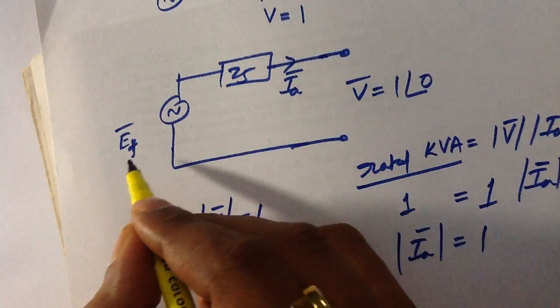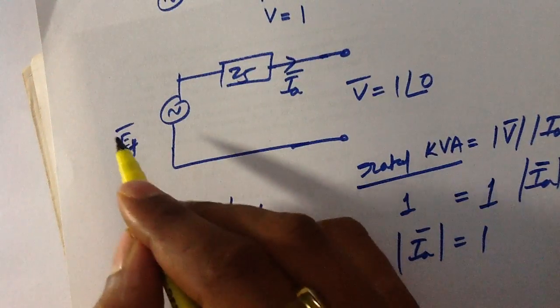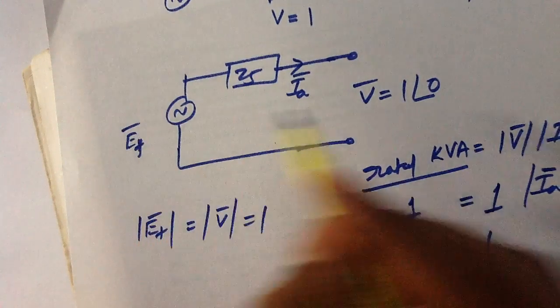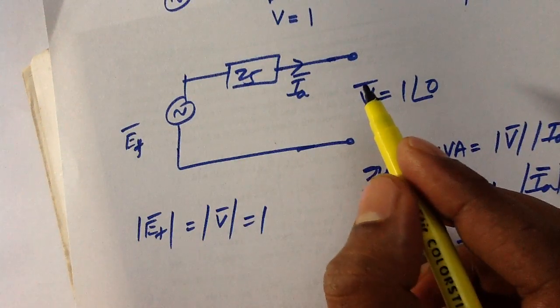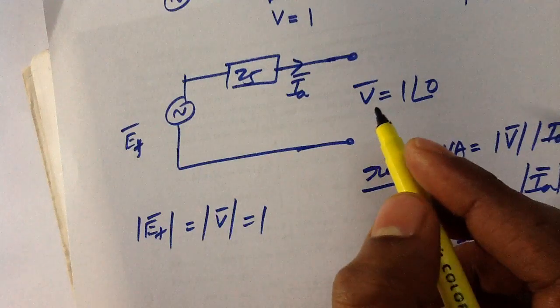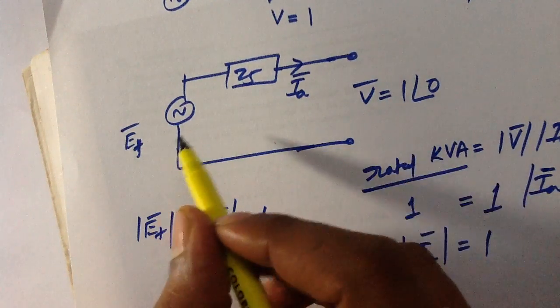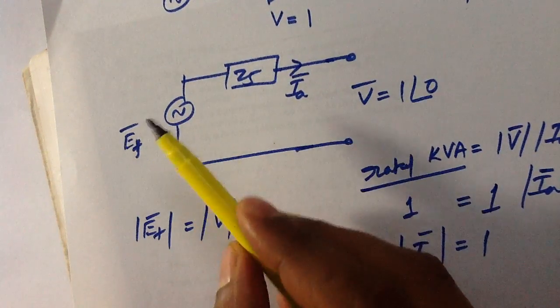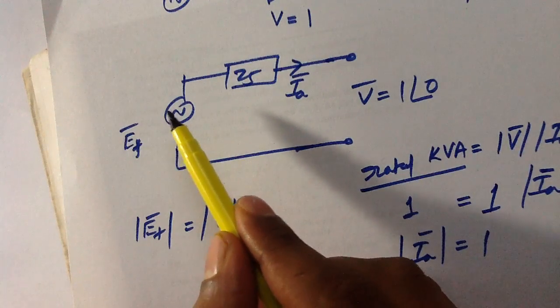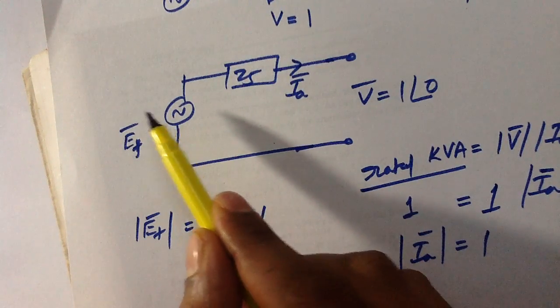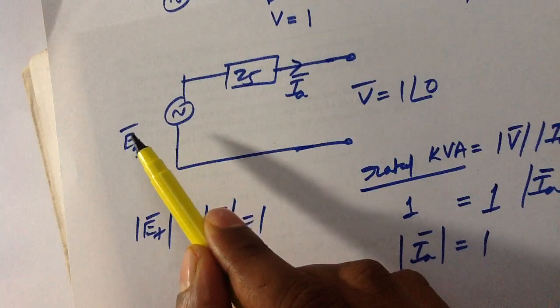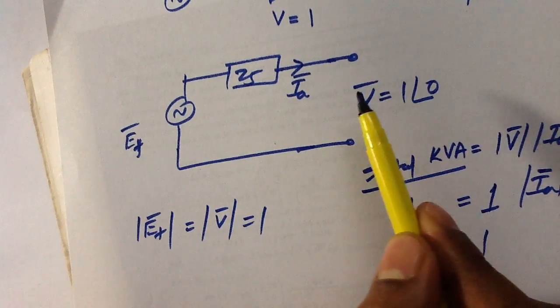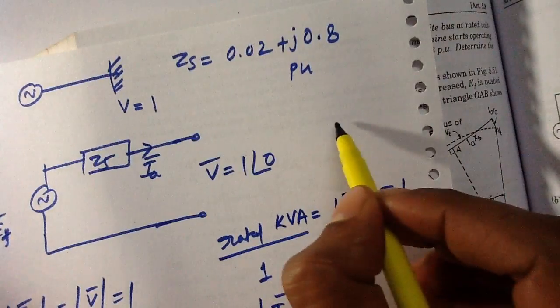Always in the case of the alternator, the internal EMF leads the terminal voltage by an angle delta. What I want to say is, in the case of the alternator, the internal EMF will always lead the terminal voltage. You can see the phasor diagram.